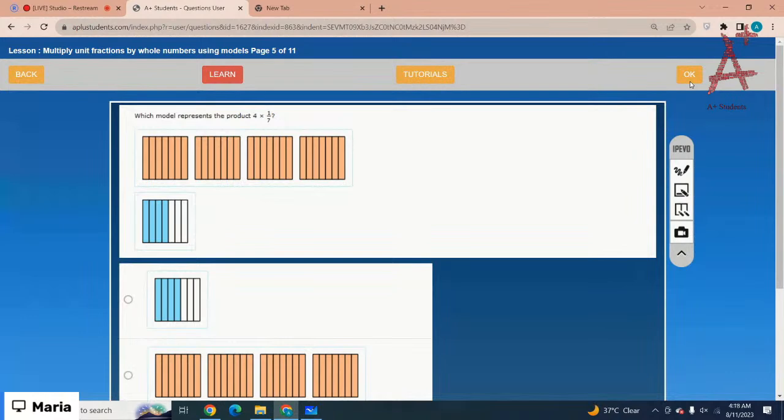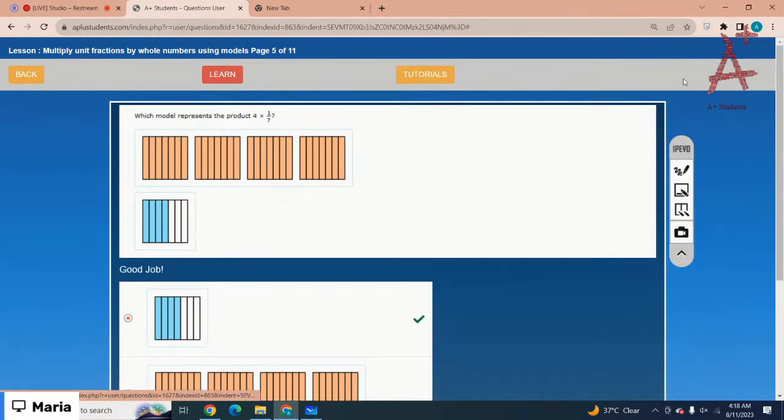So 4 times 1 over 7 means 4 out of 7, right? So you have a figure with 7 portions, 4 of them are colored. So it would be this one, right? This represents 4 out of 7.